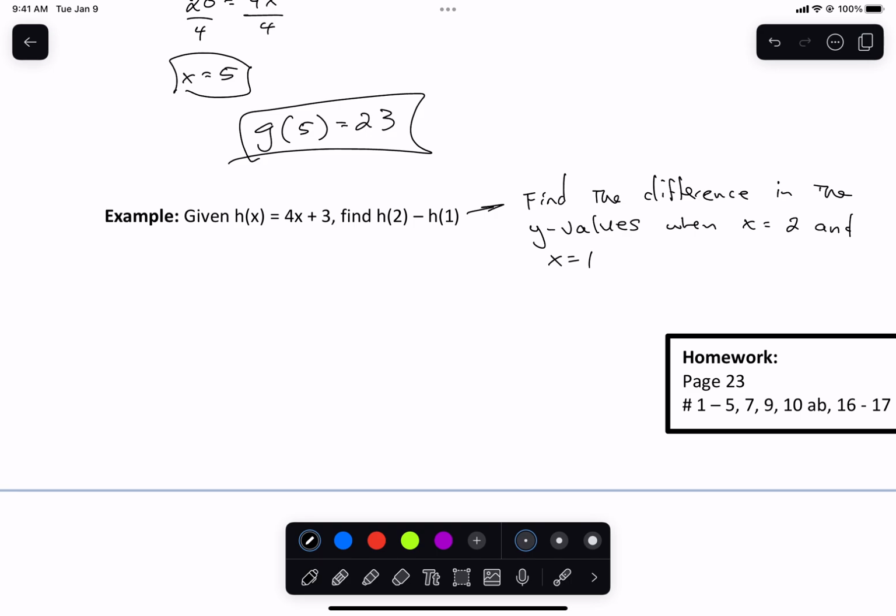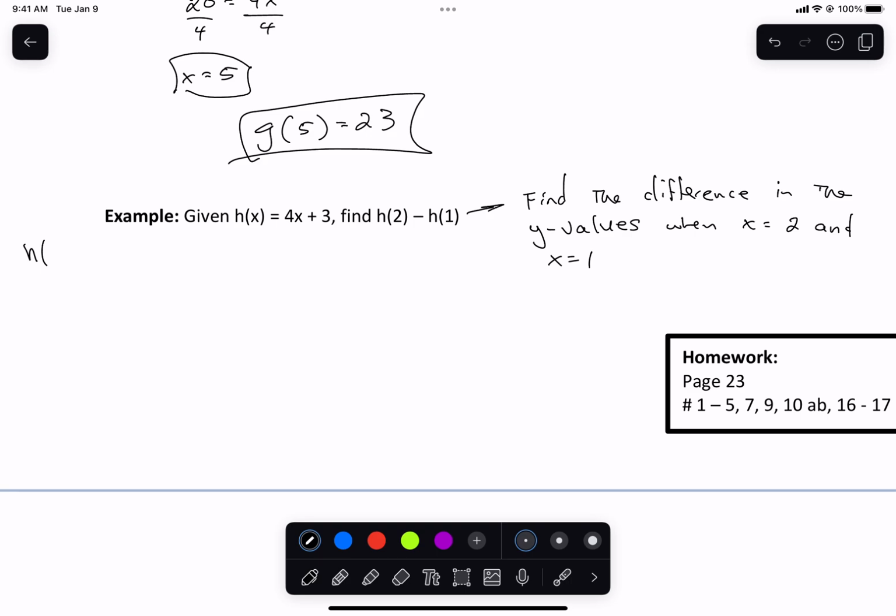Give me the difference in the y values, right? When x is 2 and x is equal to 1. So you're going to do those two things separately. These are going to get more complicated in your homework, so let's follow a little bit of a process. I don't know the value of the function at 2, and I don't know the value of the function at 1 either. So let's find them. That'd be step 1, step 2, and step 3 would just be to subtract the two results.